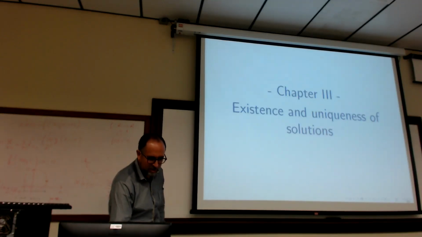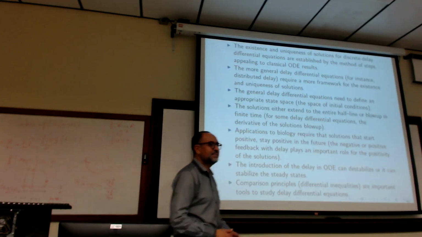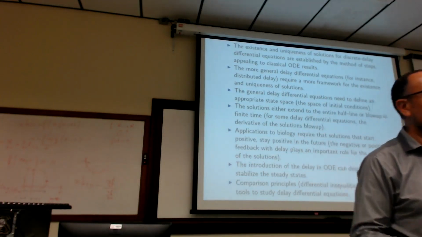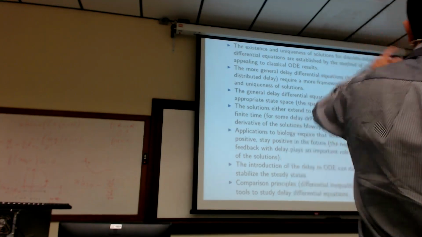I will only discuss the general case, because I put many things here to show what the difference is. The existence and uniqueness of solutions for a discrete delay differential equation can be established by the method of steps. Exactly, we don't need to know anything about the delay to do this.